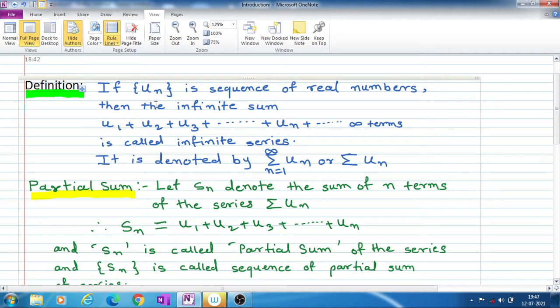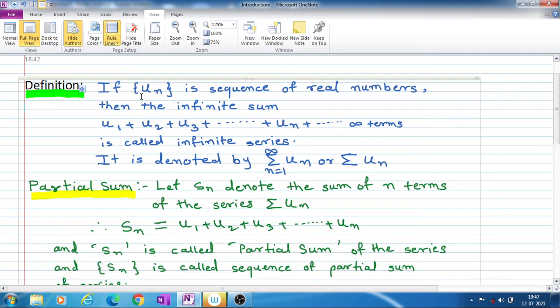So here we used un. This sequence un we have studied in the first unit, sequence. So un is a sequence of real numbers.